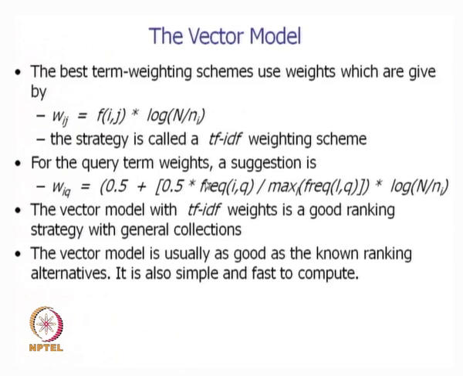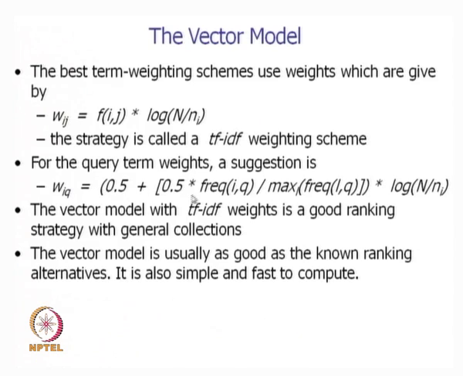For the query term weights, a suggestion is that we take the IDF factor, of course, we also take the term frequency, but we have a multiplying factor of 0.5. This is the normalized term frequency, we multiply it by 0.5, we also add 0.5. So, all these are actually empirically decided.